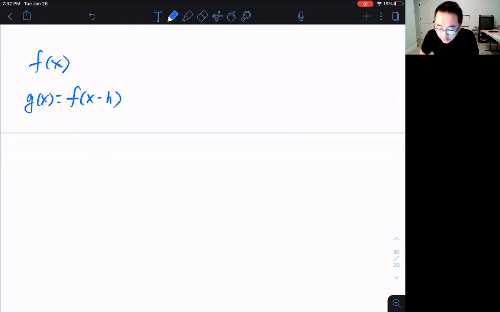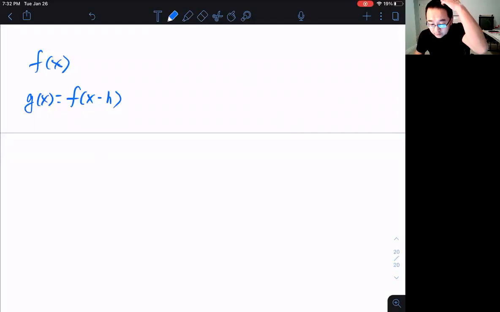So now the next thing I want to focus a little bit on, again, not super heavily, is transformations of functions, okay? So let's say that if you have f of x as a function, and where g of x equals f of x minus h, okay?